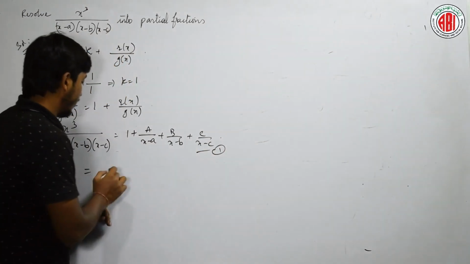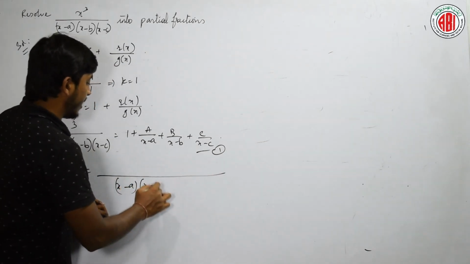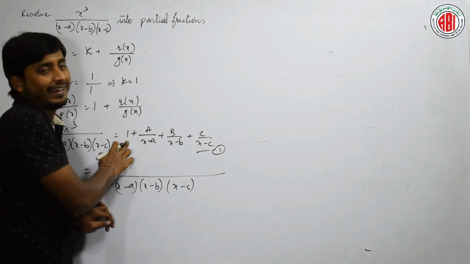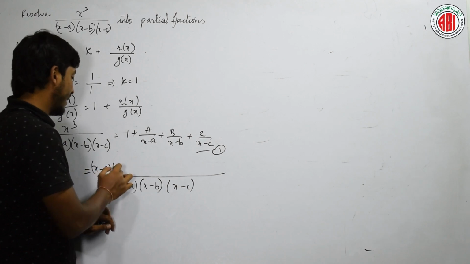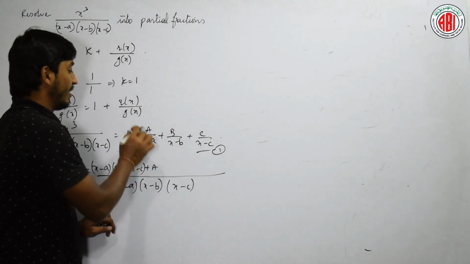Fine. This will be x minus a, x minus b, x minus c. What is there in the numerator here? Nothing. So, we have to write all the 3 terms, x minus a, x minus b, x minus c. What about A?